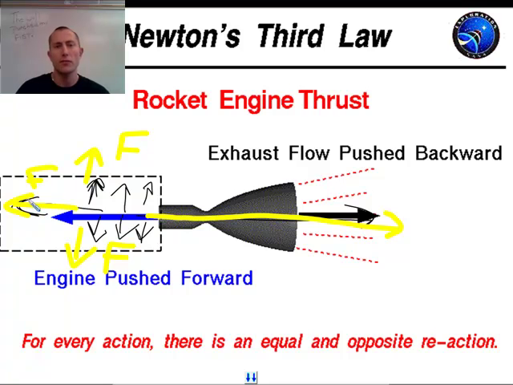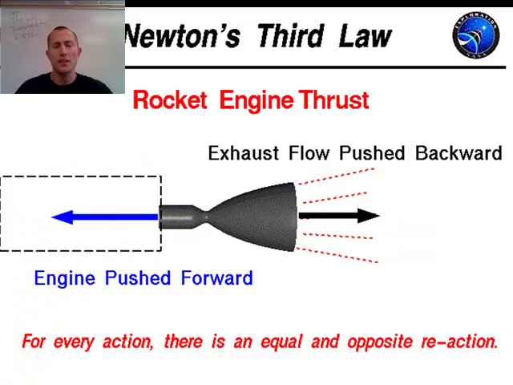The rocket is exerting a force backwards, causing them to shoot out the back. But because the molecules aren't hitting anything as they travel back out the back, there's no net force acting in that direction, and so the net force acting on the rocket as a whole is towards the front of the ship, and that's what causes it to move forward.